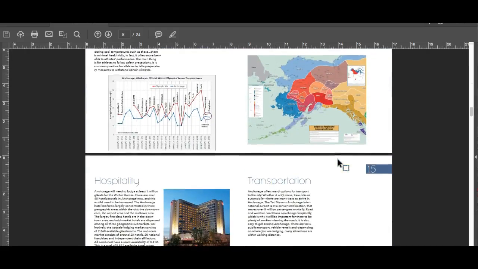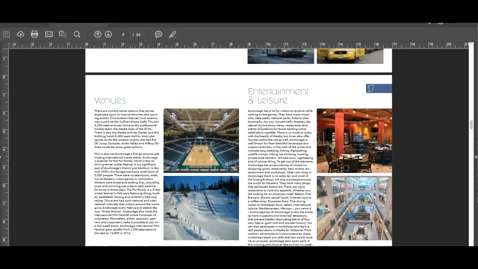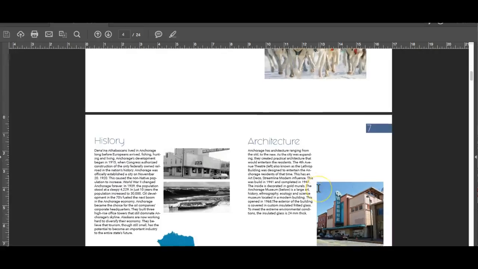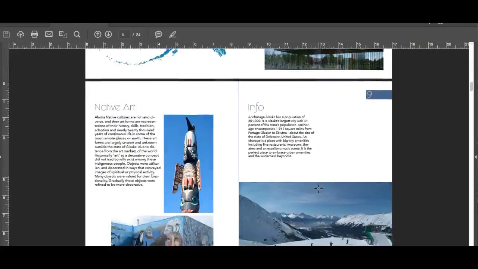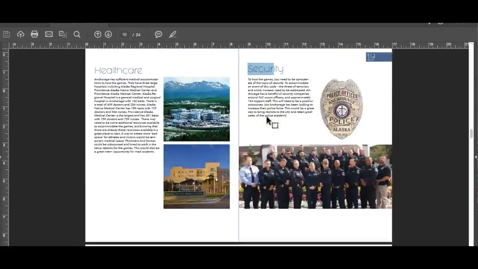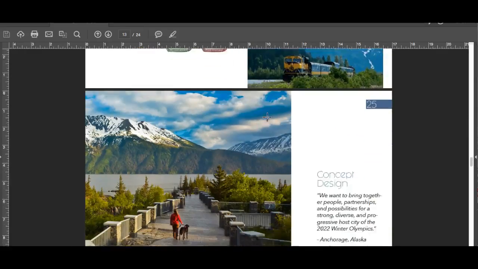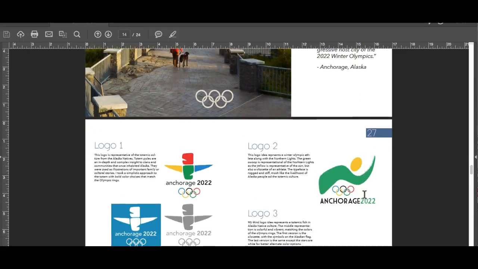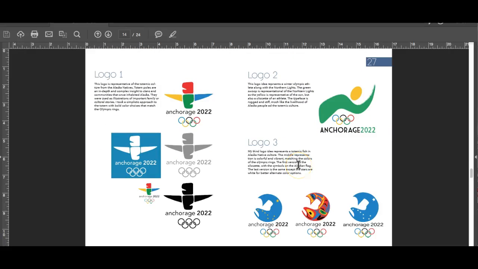Oh, I get it. Never mind. This is more of an introduction, saying about, and then history, architecture. I get it totally. Makes perfect sense. Okay, and then you're following suit over here with the concept design, introducing phase two. Got it. Okay, excellent.